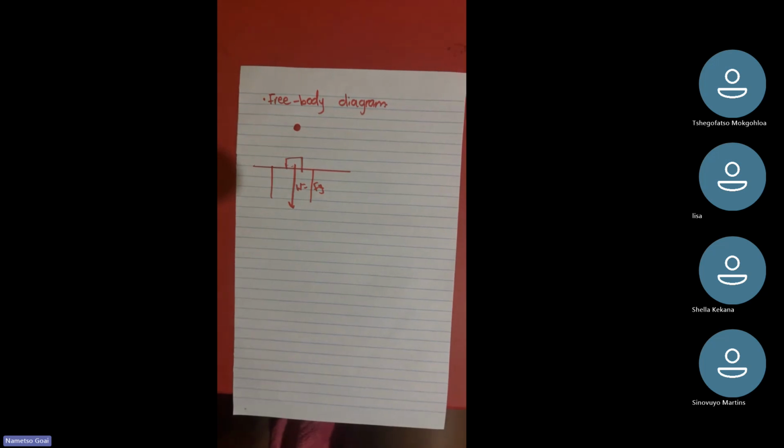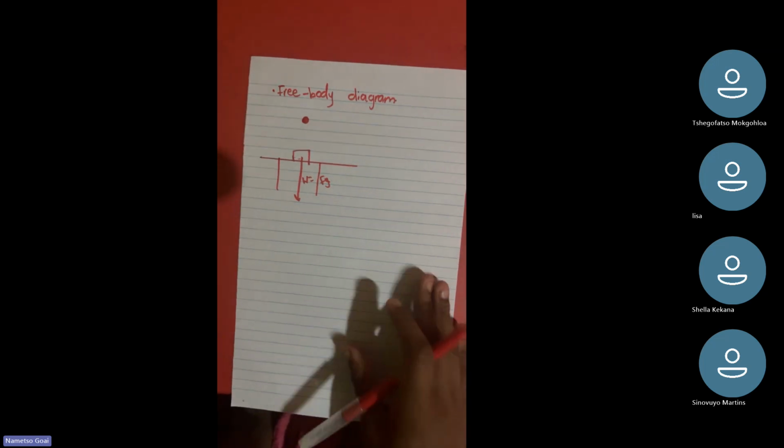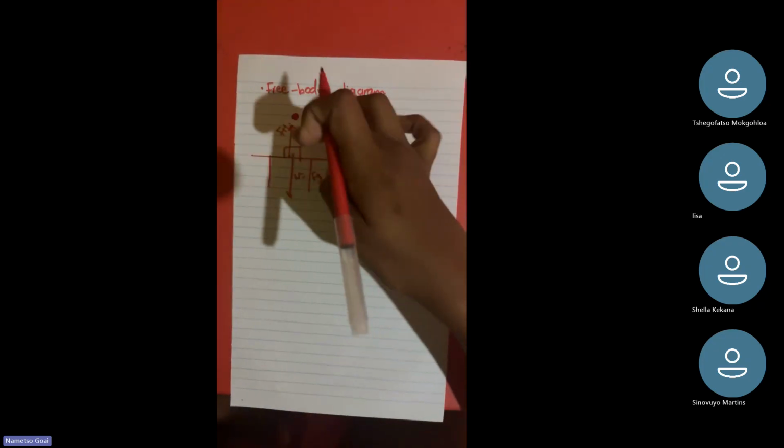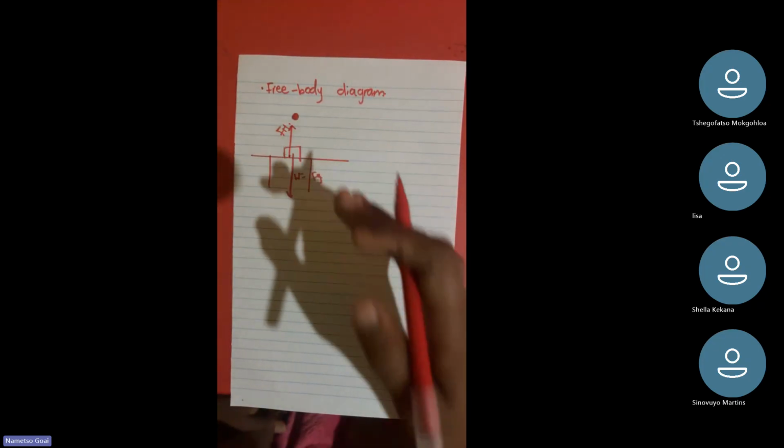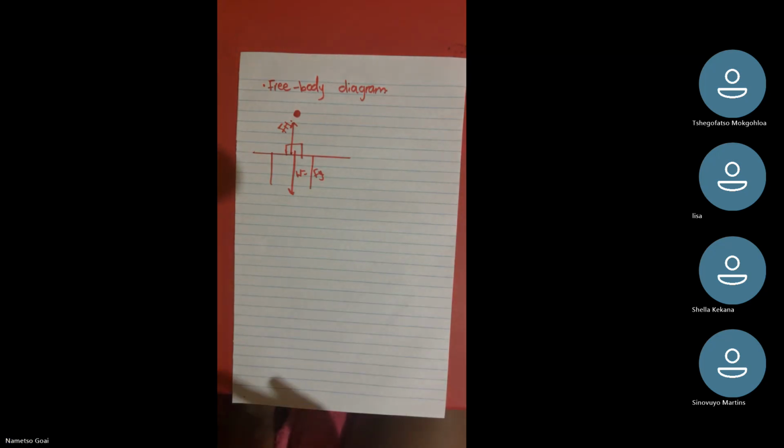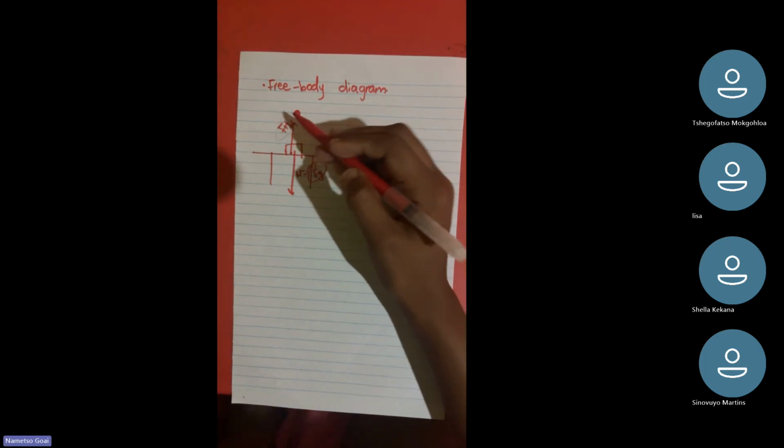This weight, Fg, is the gravitational force pulling the object to the center of the earth. And there's always a normal force acting on the object. This is Fn. These are the two forces that are always on an object, provided that it's sitting on a surface, not specifically a table. We have Fg, we have Fn. It's guaranteed. Do you guys understand that?